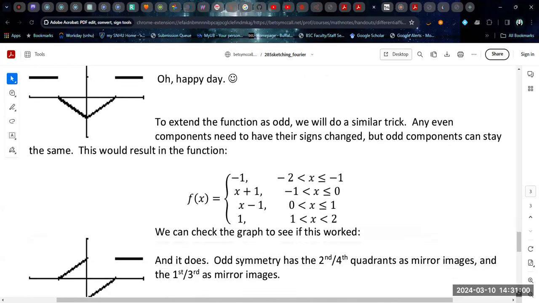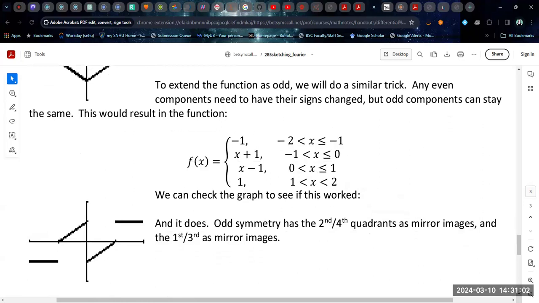Now, to extend the function as odd, we can do a similar manipulation. Recall that when you make an odd extension, anything that's even has to flip sign. So the 1 from 1 to 2 will get flipped over to be -1, because when you're on the left side of the graph, you have to be the opposite sign of the thing on the right side of the graph.